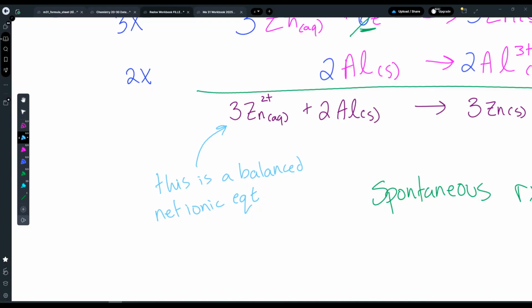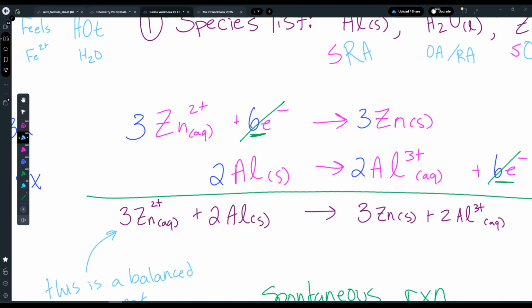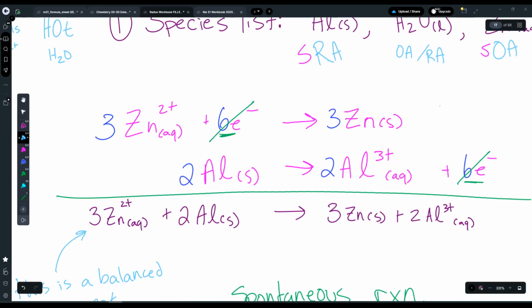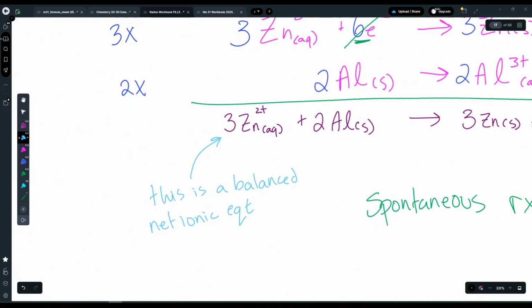But this can also be considered a balanced redox reaction. Why? Because we have both oxidation and reduction happening. This is my reduction reaction because the electrons are on the reactant side, so they're being gained. And this is my oxidation reaction because the electrons are on the product side, so they're being lost.